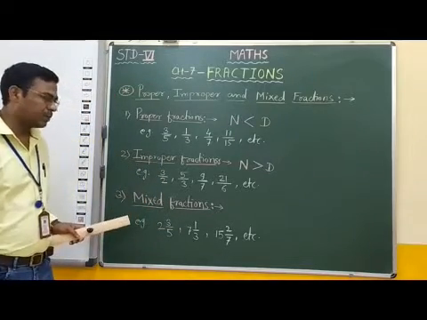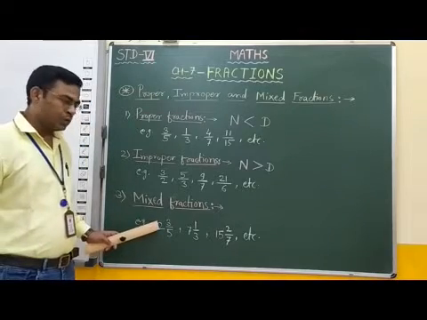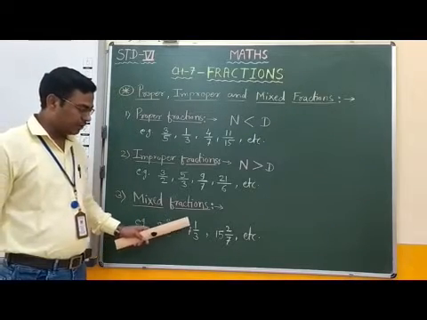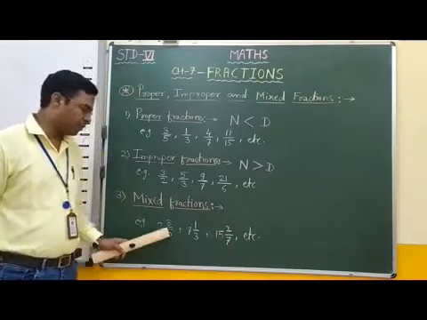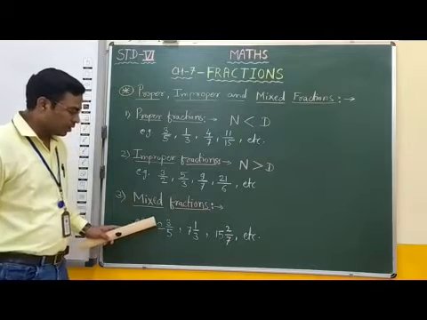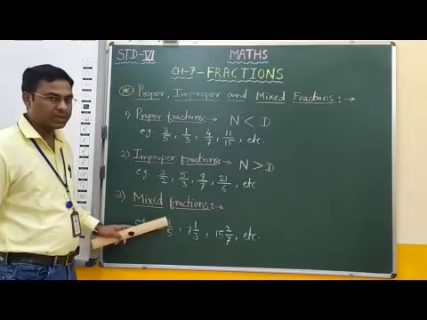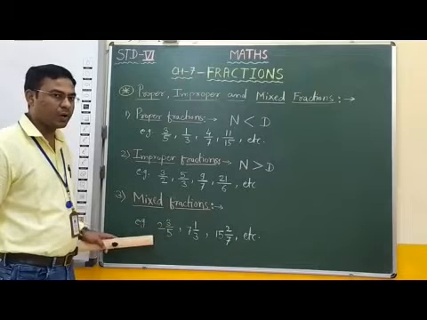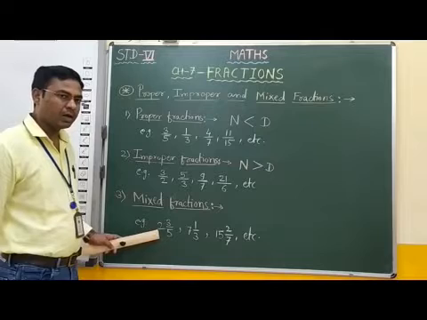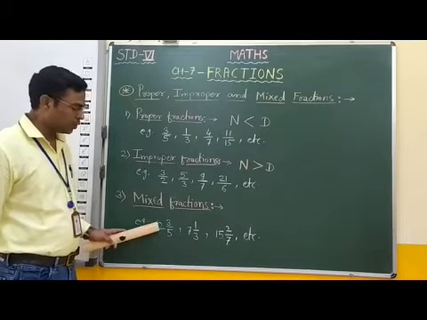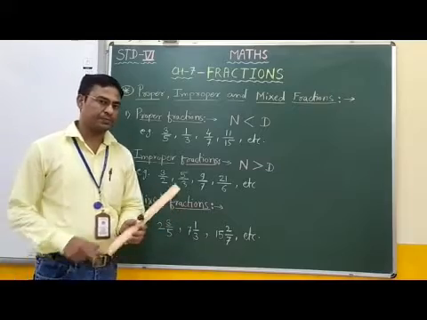Some examples of mixed fractions are 2 3 by 5, 7 1 by 3, 15 2 by 7. If you observe the first example, 2 is the whole number and 3 by 5 is the fraction number, and the combination of these two numbers is called a mixed fraction. Therefore 2 3 by 5 is a mixed fraction number.